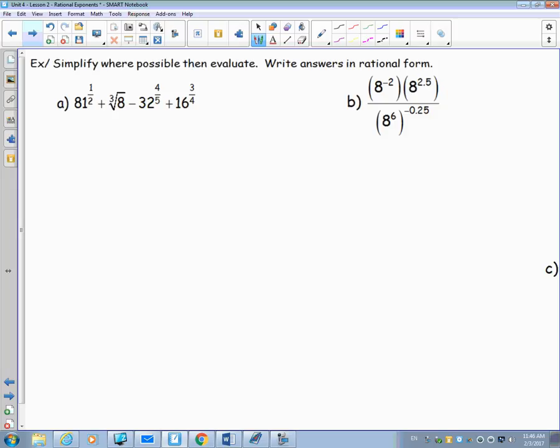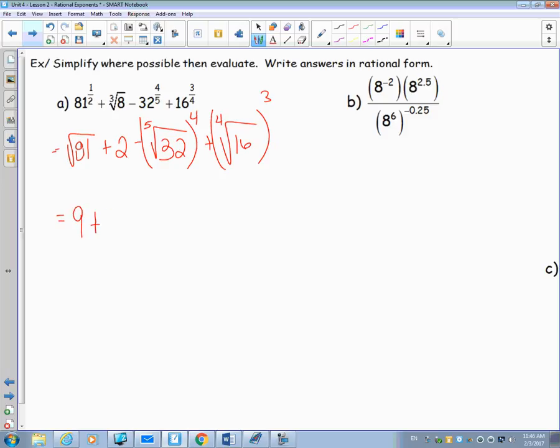81 to the 1/2, I can simplify that. That means the square root of 81. Cube root of 8, I can calculate that. That means 2. 32 to the 4/5, I can simplify that. I need to take the fifth root of 32 and put it to the 4. And 16 to the 3/4 means the fourth root of 16 cubed. Square root of 81 I can evaluate.